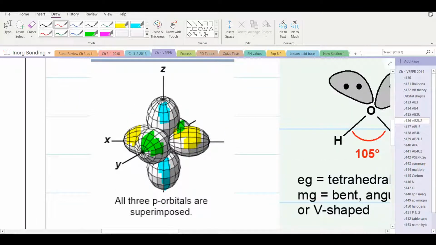Let's say this is 2px2, we'll put 2 electrons in there in oxygen. 2py1, we'll put 1 electron in the 2py orbital, and 2pz1. And then hydrogen can overlap, say like this. We'll bring its electron and overlap, and 1 up here.